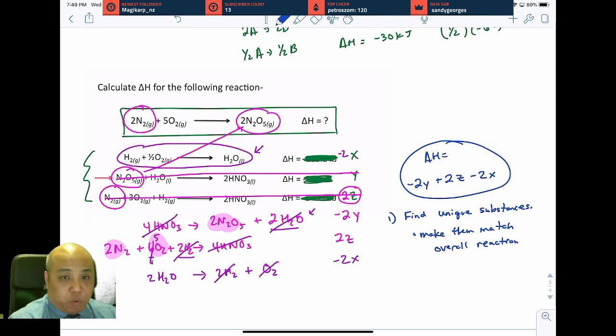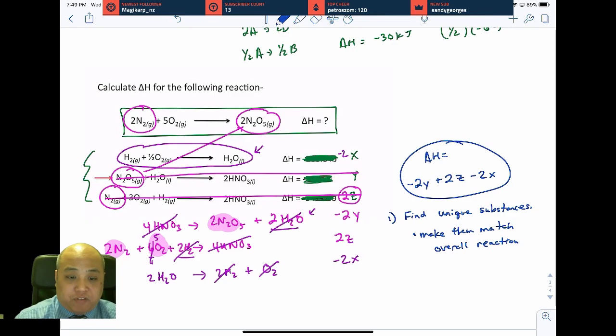If there is a reaction you have to wait on, then that's where you kind of have to be careful about that. Okay. And so that's kind of explaining how to use Hess's law for this, for example. I'm not going to do too many examples through this tutorial because then it takes a really long time.